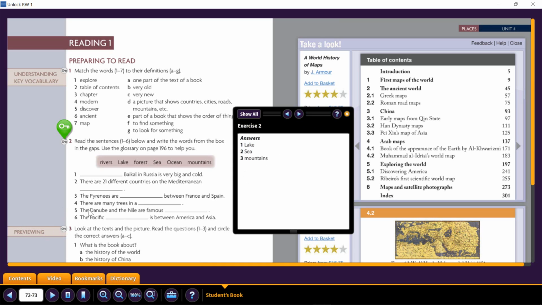Number 4, there are many trees in where? Can you find trees? Inside ocean, sea, rivers. So number 4, forest. Number 5, the Danube and the Nile are famous what? What do you think? Rivers are famous rivers. So 5, rivers.